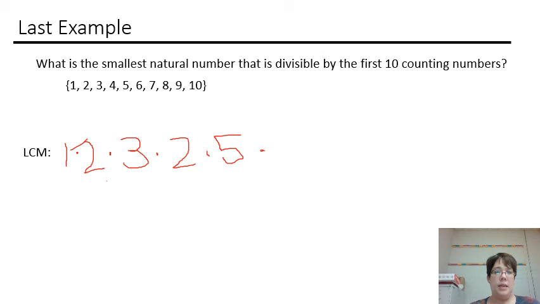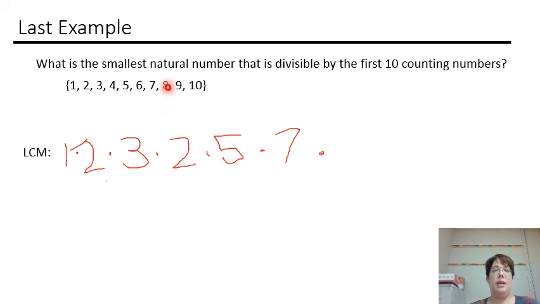Now let's look at 7. And 7 is going to be 7 times 1. So I'm going to need a 7. All right. And then let's look at 8. When you think about 8, 8 will break up into 4 times 2. But then 4 is going to break up into 2 times 2.